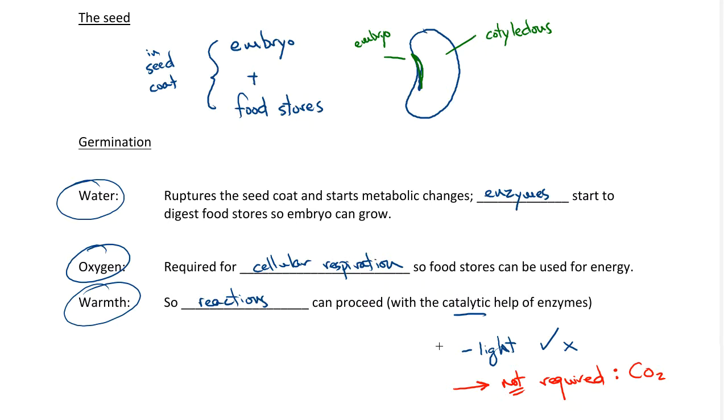It's not getting its food from photosynthesis, it's getting it from the stores in the seed itself. And so it doesn't require CO2 because it's not photosynthesizing, but it does require oxygen in order to perform cellular respiration and use those food stores. So that's a quick look at reproduction in plants, including pollination, fertilization, and germination.